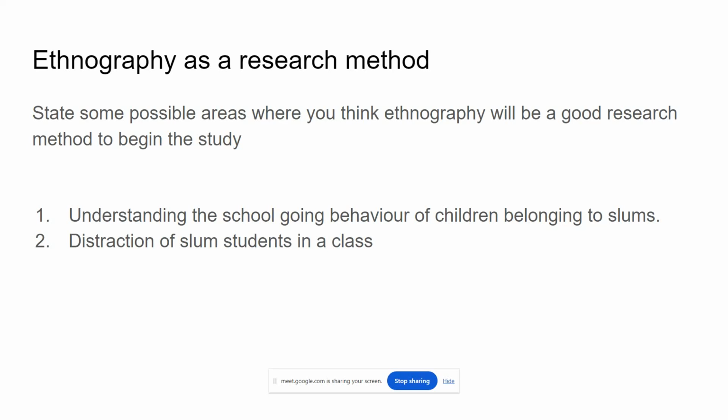Also, you might want to say, for example, the earlier study was basically on the school aspect and not the slum aspect, right? So you might change your field and go to the slum and see why the students aren't able to focus in class, because there are a lot of things happening at home.